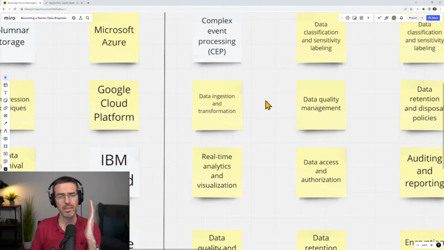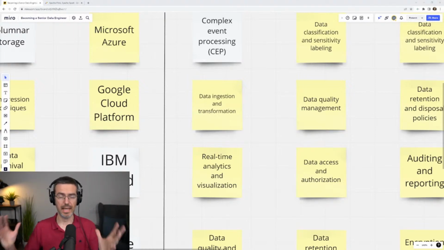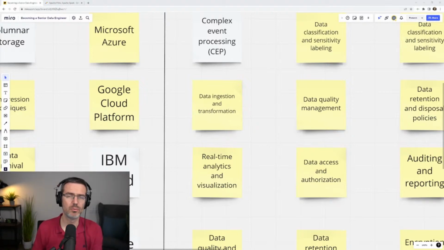And the important part here is to be able to design, not just implement. Right, the designing part, that is the big part for the senior engineer that has a lot of experience, that knows the different tools. So designing, data ingestion, data transformation, super important.